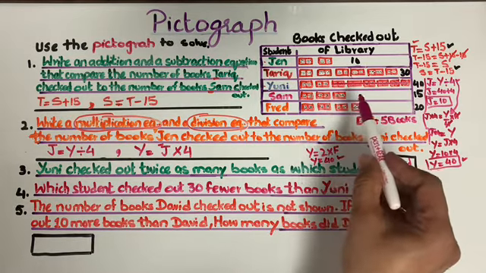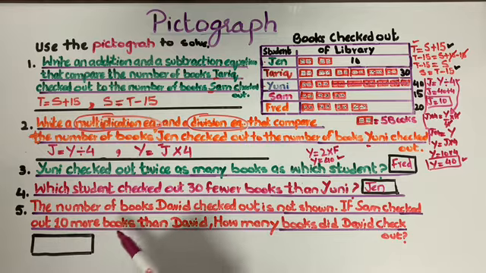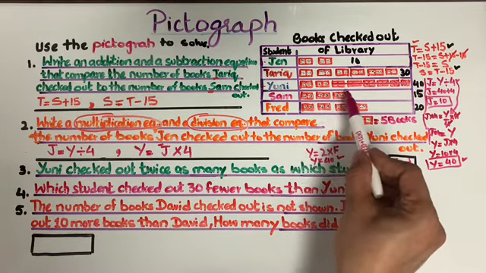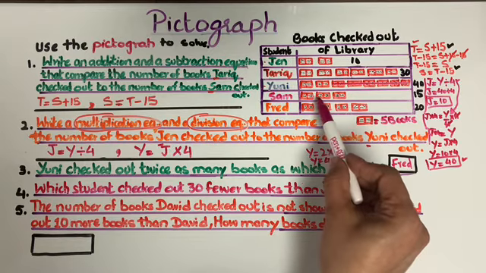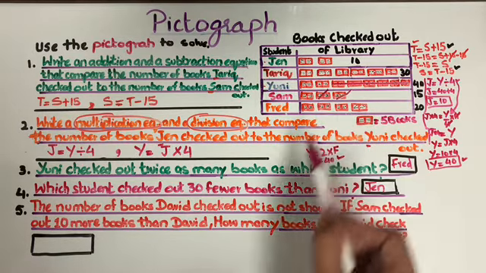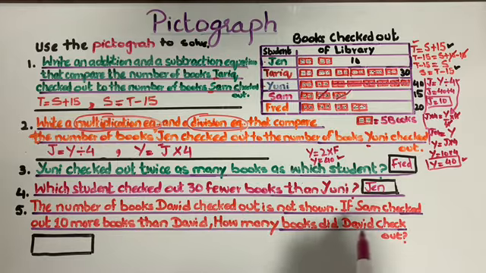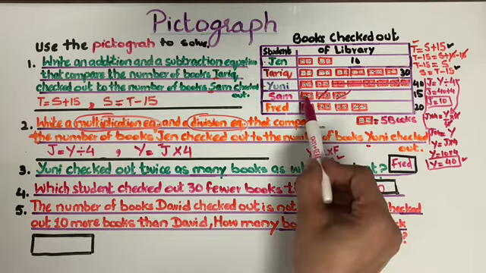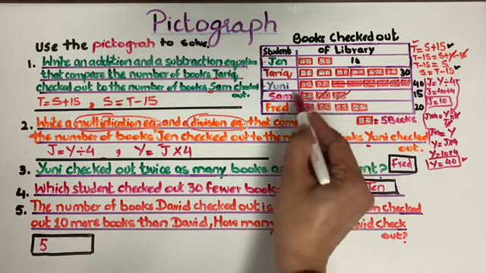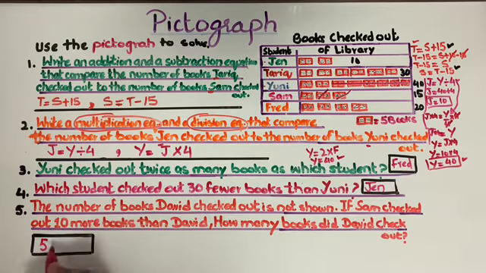So if Sam checked out 10 more books than David, this means 5 and 5. This means this one and this one. So how many books did David check out? David checked out just 5 books, because here 1 symbol is equal to 5 books.